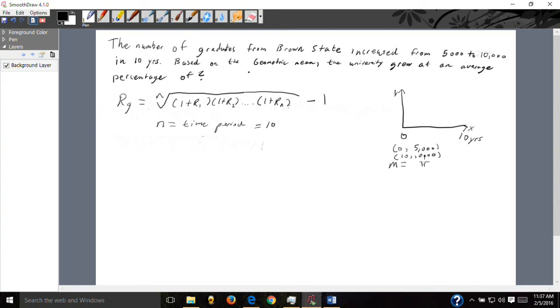So, y2 minus y sub 1 over x2 minus x sub 1. I'm going to take each of my points. This is point 1 and this is point 2. So I get 10,000 minus 5,000 over 10 minus 0.